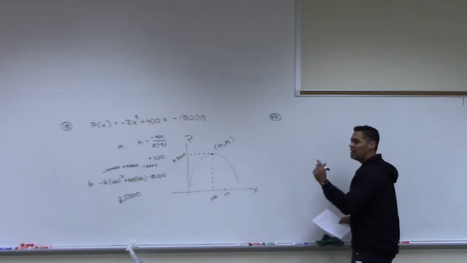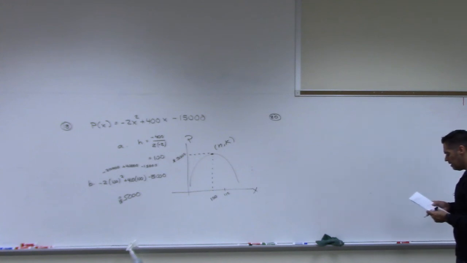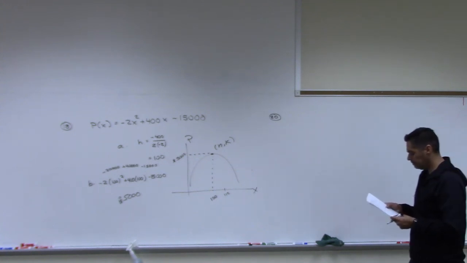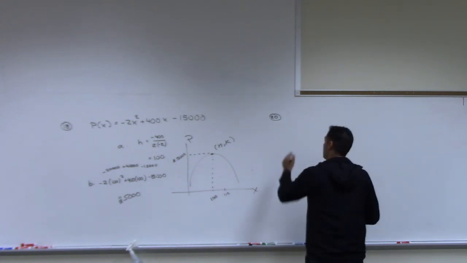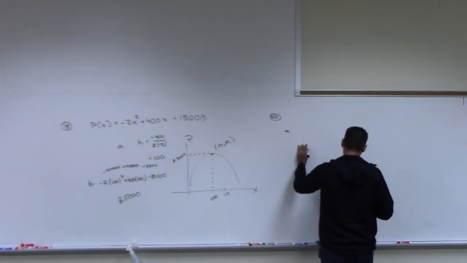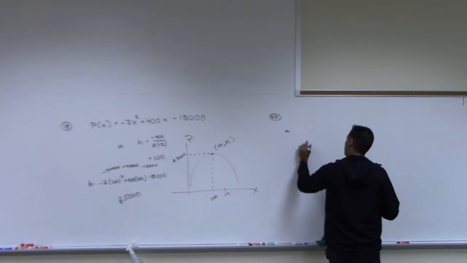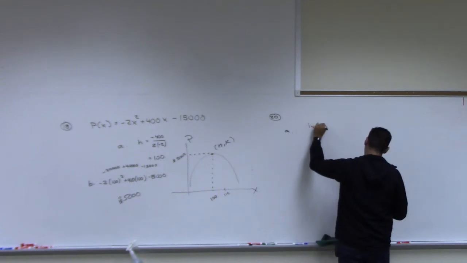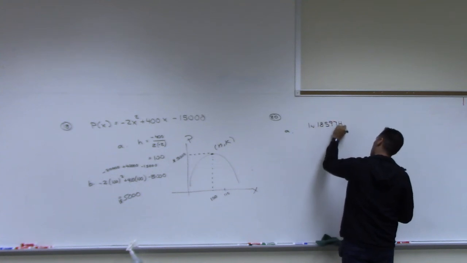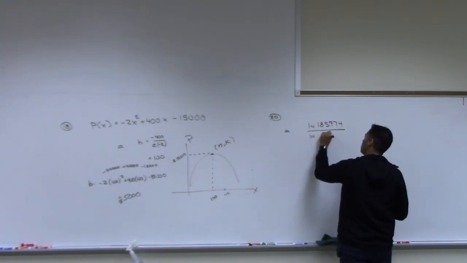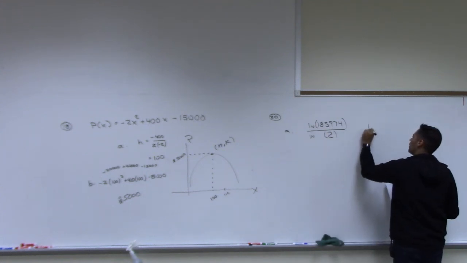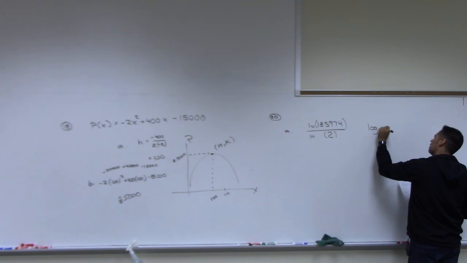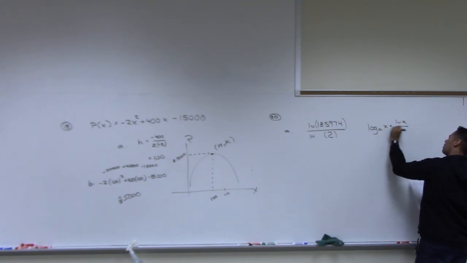All right, number 19 we're skipping, so don't worry about 19. 20. Okay, so 20A. I'm going to have to wrap it up after this. For 20A, I'm going to do natural log of 1,85974 over natural log of 2. This was a formula that I gave you, called the change of base formula. Log base a of x equals natural log x over natural log a.